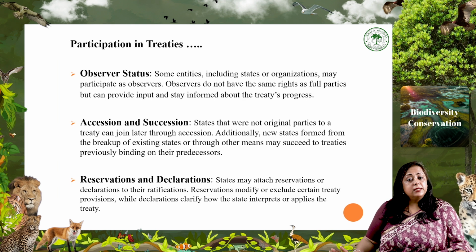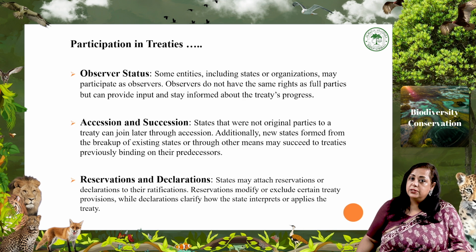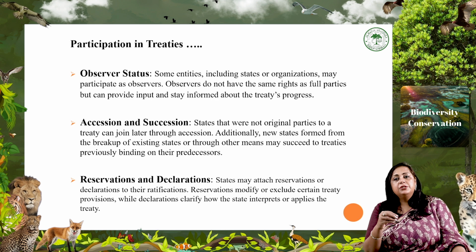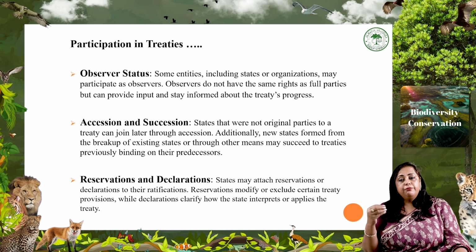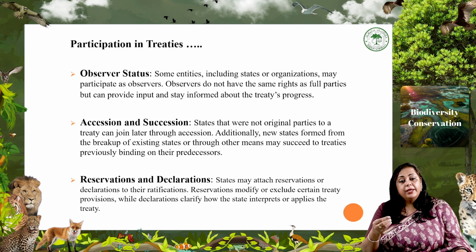Then we come to accession and succession. States that are not original parties to a treaty can join later through accession. The CBD took place in 1992, but if a country wants to be a party to the CBD in 2024, it can sign the treaty, and that is called accession.